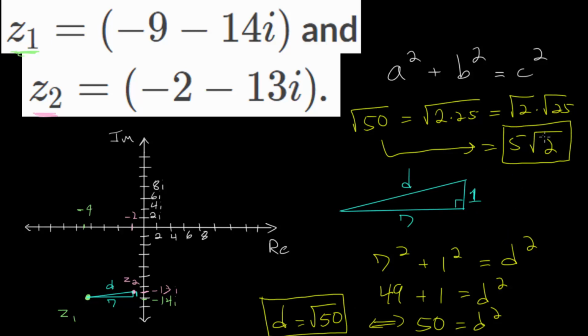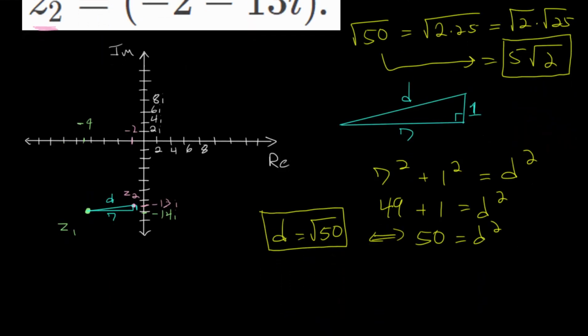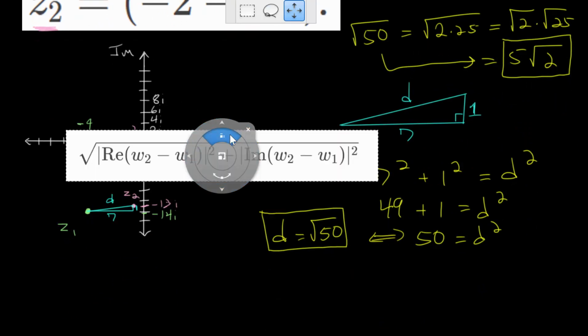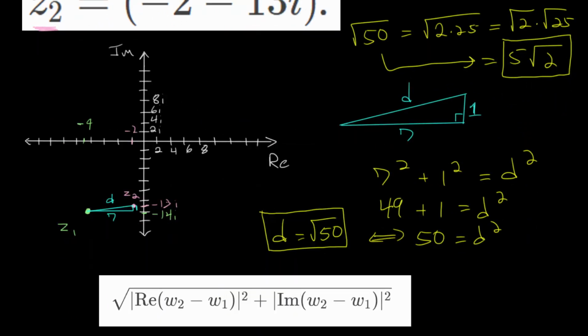Now, like I mentioned, we could also use the distance formula to figure this out, and I will paste that in just so that we can see it. So this formula right here, this is equal to d, this is our distance. But this is exactly what we did, except in our case we had z2 and z1.